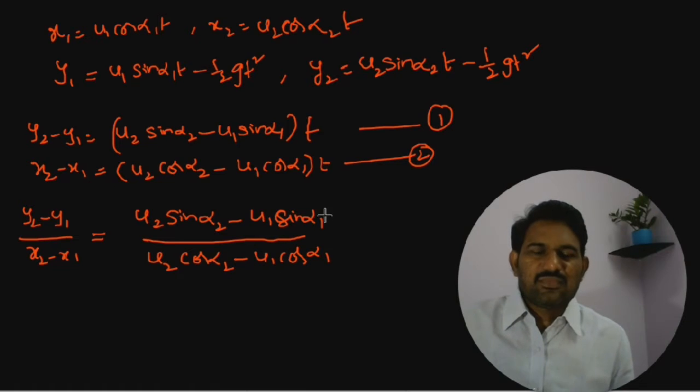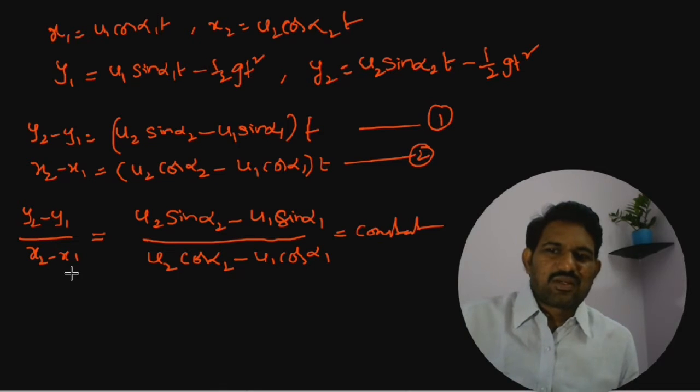Now we can observe that this is independent of t. The t term is cancelled, so you get a constant value. So y2 minus y1 by x2 minus x1 is a constant value.